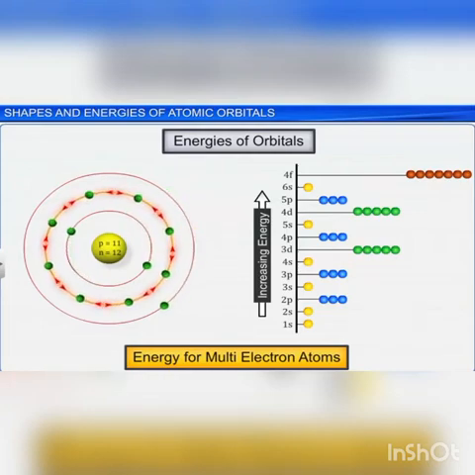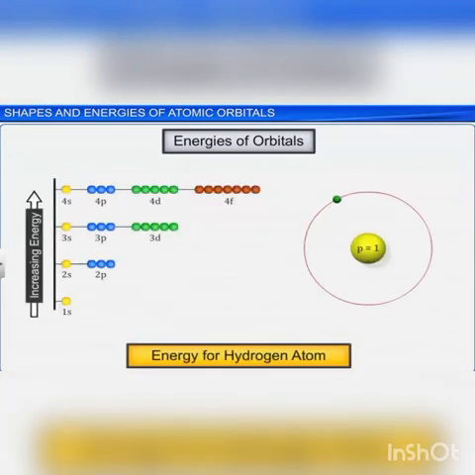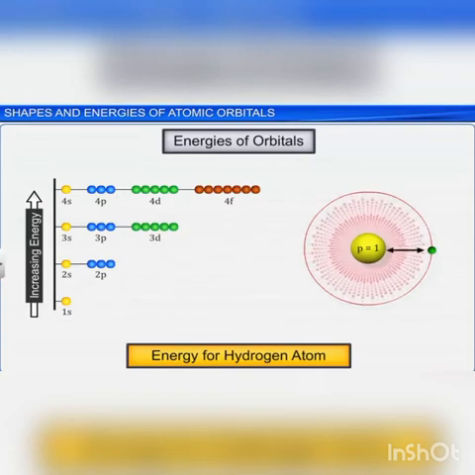On the other hand, in the hydrogen atom, due to the presence of only one electron, the only electrical interaction present is the electrostatic force of attraction between the nucleus and the electron. Hence, in the hydrogen atom, the subshells belonging to the same principal shell have the same energy.